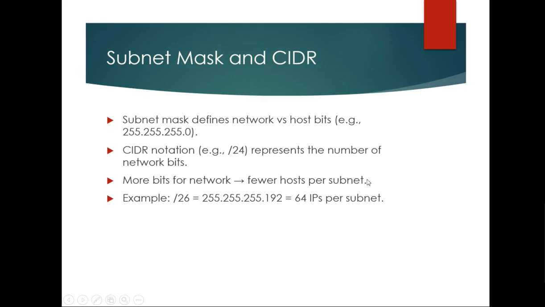If network bits are more, then hosts should be fewer. For example, /26 is 255.255.255.192, with 64 IP addresses per subnet. So 192 is the last octet, and /26 means the remaining host bits are added into this subnet, so that's why 26 instead of 24.